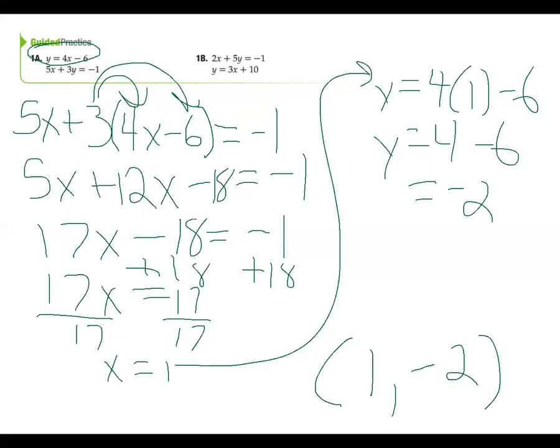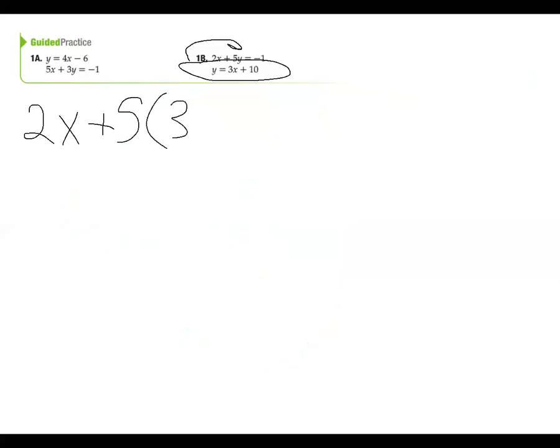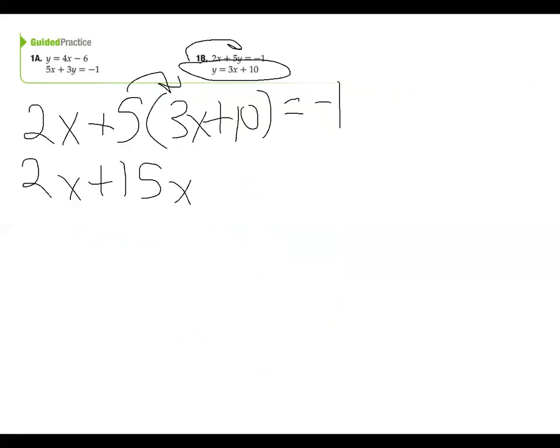All right, cool. So the second system, the second equation is already solved for y, so I'm going to substitute that into the first one and solve for x. So it'd be 2x plus 5 times 3x plus 10 equals negative 1. So it'd be 2x plus 15x plus 50 equals negative 1.